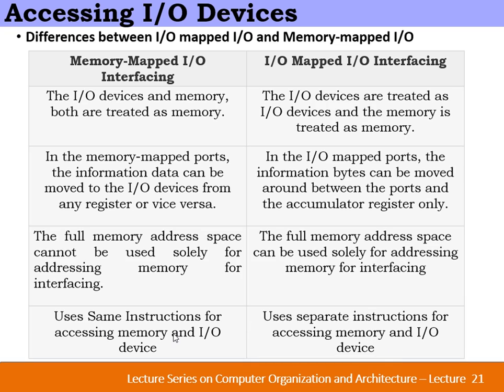For example, MOVE may be used for accessing memory, whereas IN and OUT instructions are used for accessing an IO device. So this is the difference between IO mapped IO and memory mapped IO.